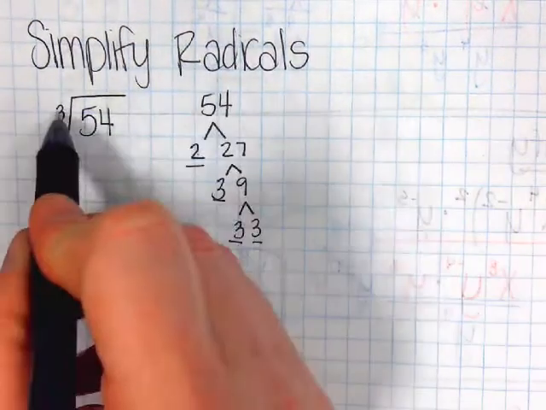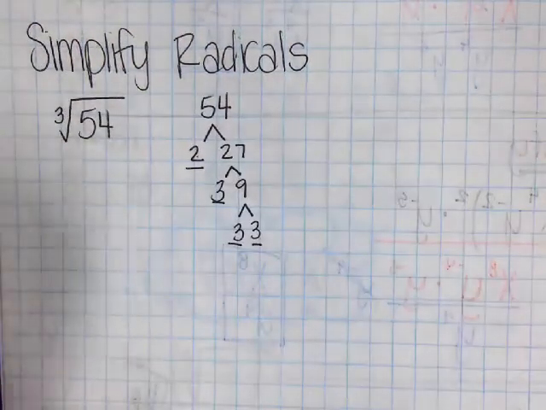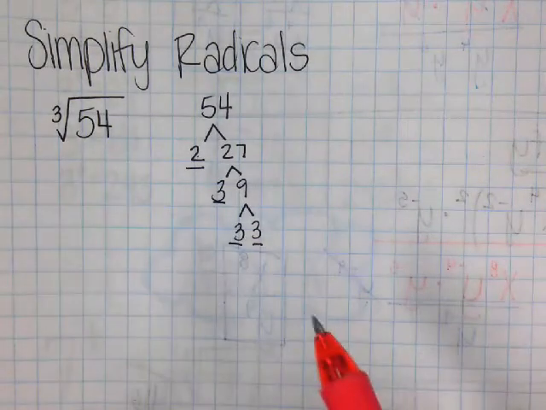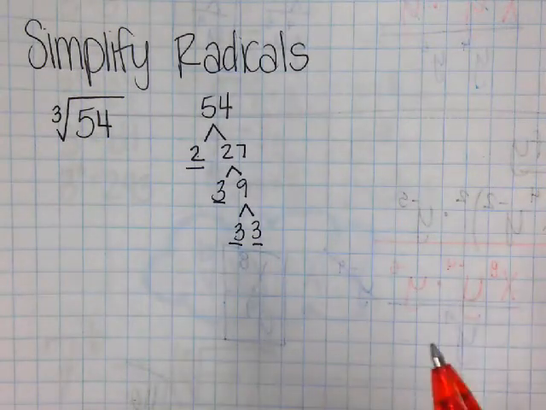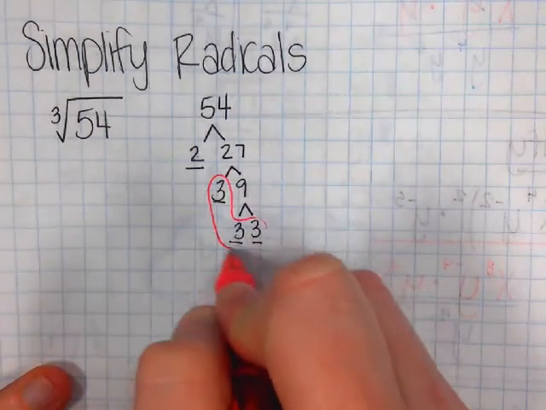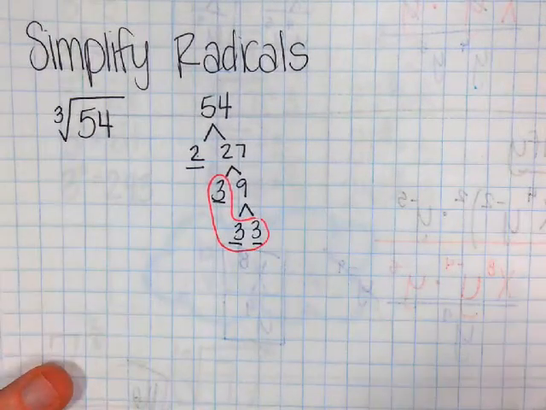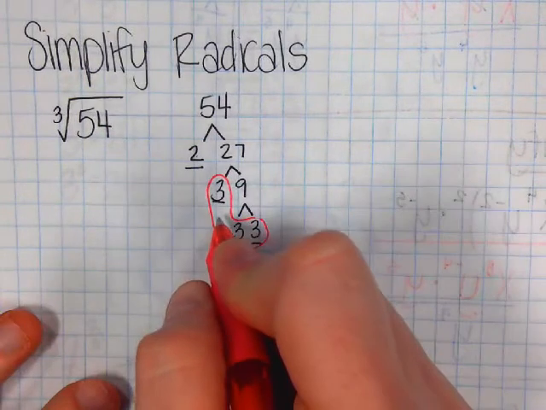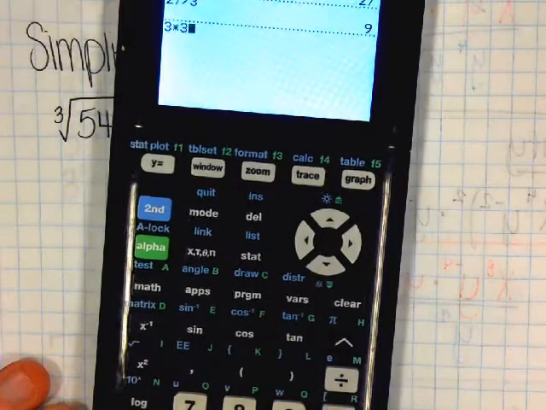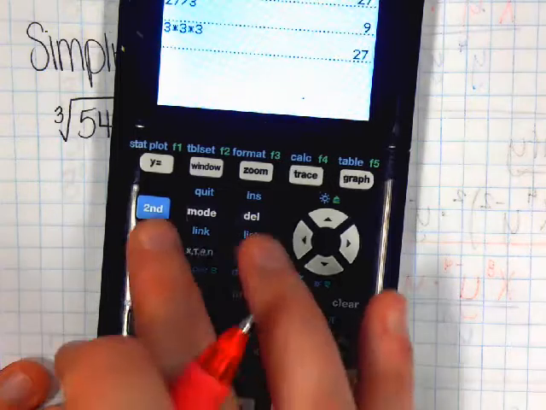Now, since it's the cube root, I need them to be in a set of 3. So I have to look for when the number multiplies times itself 3 times. So we have 3, 3, and 3. So the cube root of 3 times 3 times 3, well, 3 times 3 times 3 is 27.